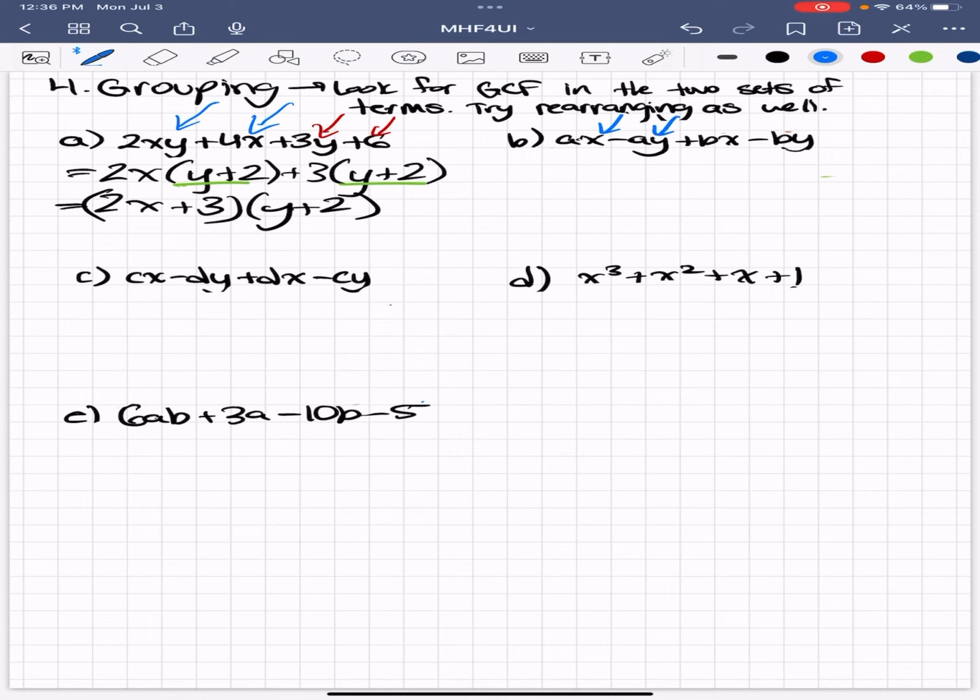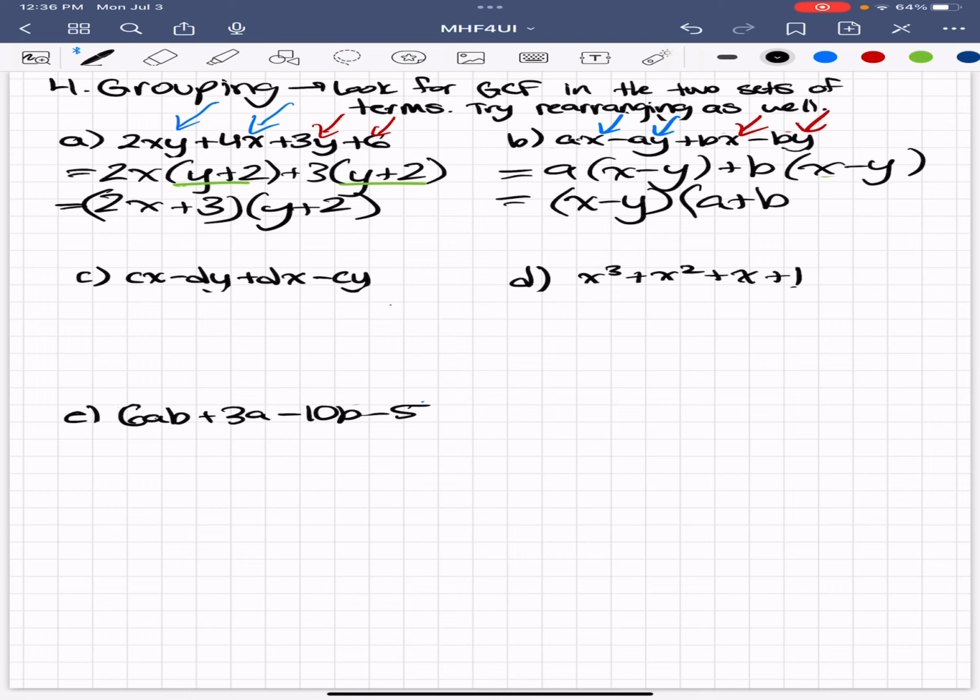I see a common factor of A and a common factor of B. And as you can see here, both of these were the same, and we took what was left over and made a new factor with it.